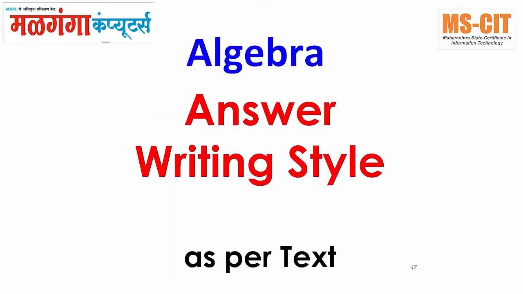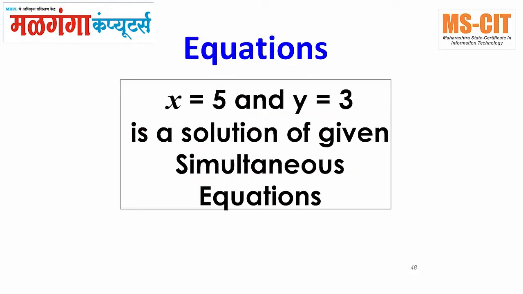In maths, in all chapters you must write the final answer as given in the text. For example, in the simultaneous equation chapter, suppose your answer is x equal to 5 and y is equal to 3, then you must write the final answer as x equal to 5 and y is equal to 3 is a solution of given simultaneous equations.